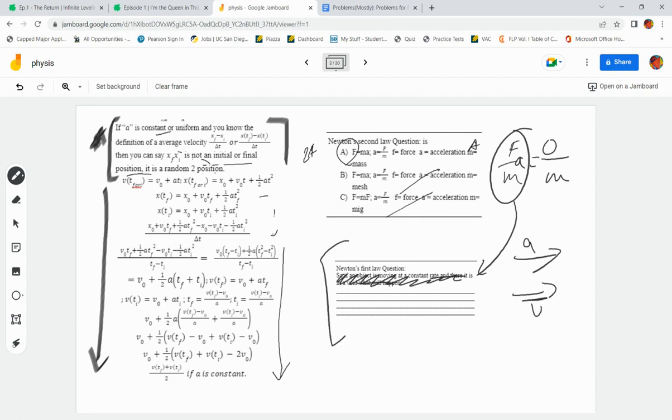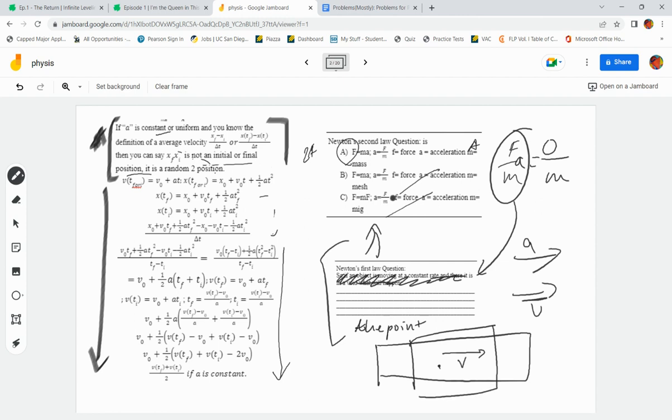But the first law: why would Newton write this when there's already the second law? The point of the first law is to say that there's a reference point. We say that if there's no interaction, the particle will go on forever with the same velocity, but the point is to define an inertial frame of reference.